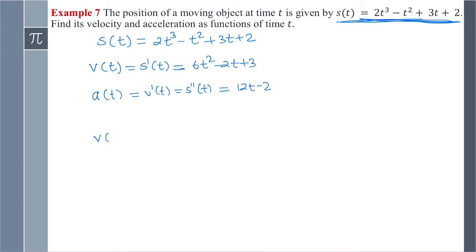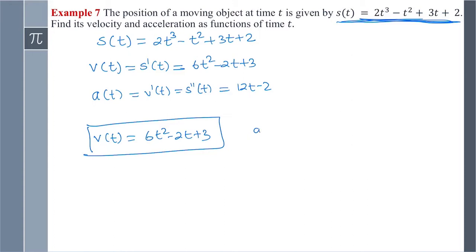So our velocity function for this problem is 6t squared minus 2t plus 3, and the acceleration function is 12t minus 2.